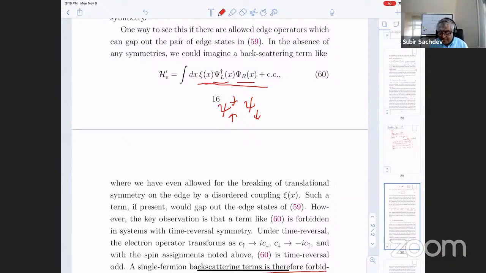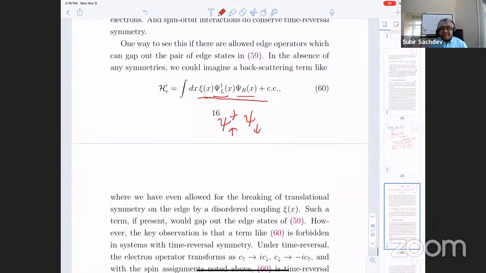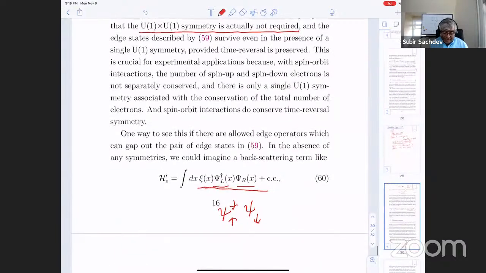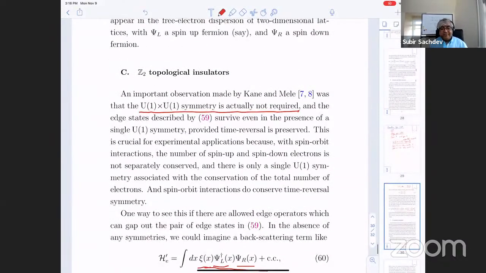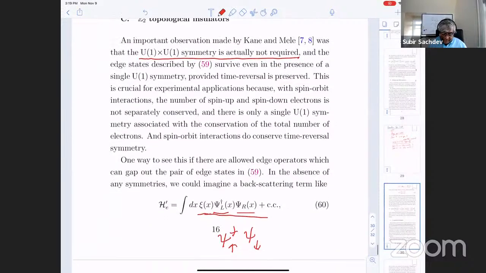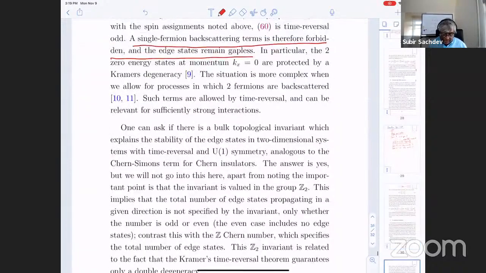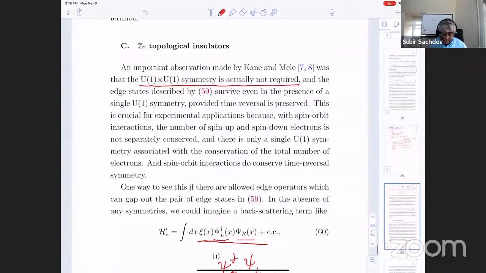So another question you can ask is, is there an invariant which is not the Chern invariant? Because once you have spin flip scattering, then your only symmetry is U1. You don't have U1 cross U1. So there's no way for you to write down these two Chern numbers, one for spin up and spin down. They're all mixed up with each other. So is there some invariant which generalizes the Chern number? And this is what was first written down in this paper by Kane and Mele, the second paper actually.